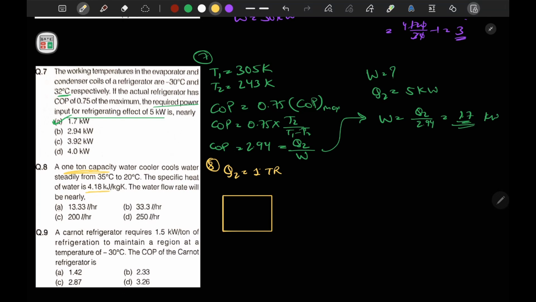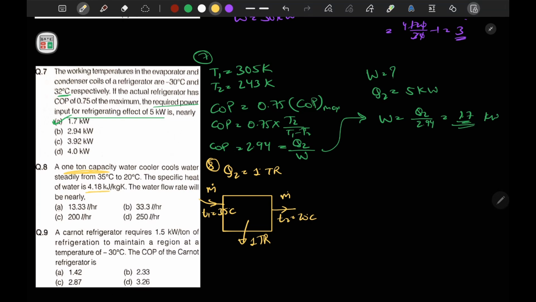In a water cooler system, water is entering with some mass flow rate m dot, and its initial temperature T1 is 35 degrees Celsius, and it exits at T2 equal to 20 degrees Celsius, at the same mass flow rate, of course. It is mentioned that the cooling capacity is 1 ton, so it has a capacity of 1 TR.